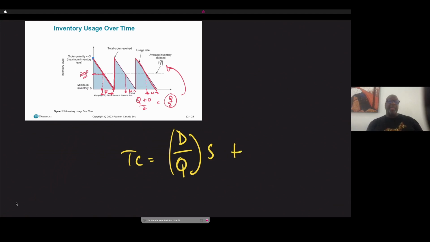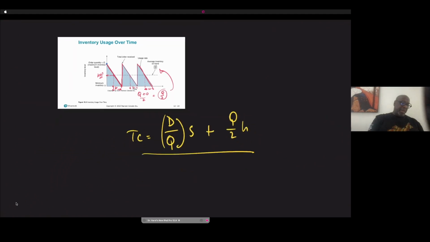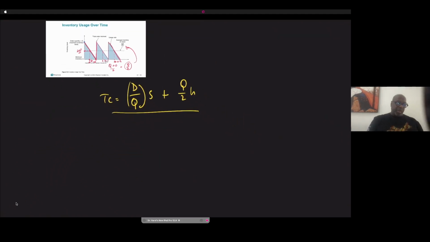And then I'm paying annual inventory carrying costs on the average amount of inventory I am holding, which is Q over 2, times H. So H is your annual holding cost and S is your ordering cost. Given this function, I want to determine what order quantity Q star would minimize my total annual cost, right?